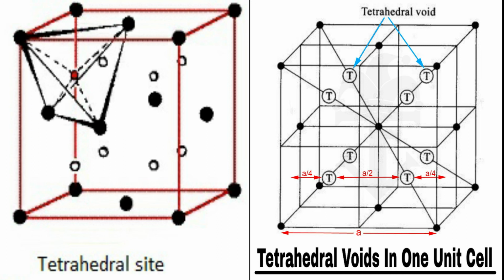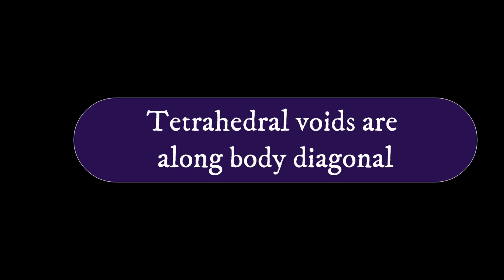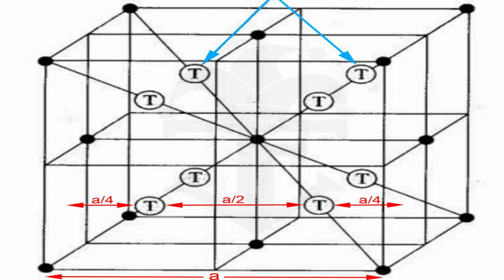Try to remember their arrangement, because in future when we study the structures of various solids, we are going to put different atoms in those tetrahedral voids. So where are the tetrahedral sites? Along the body diagonal, and the distances are also represented there.